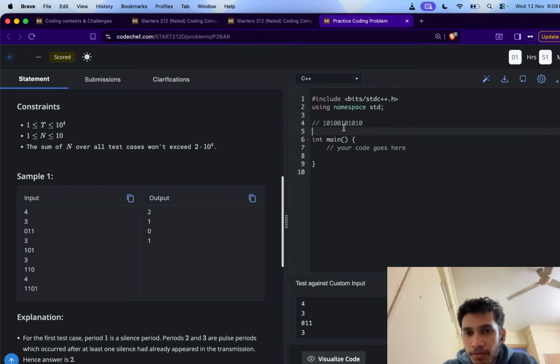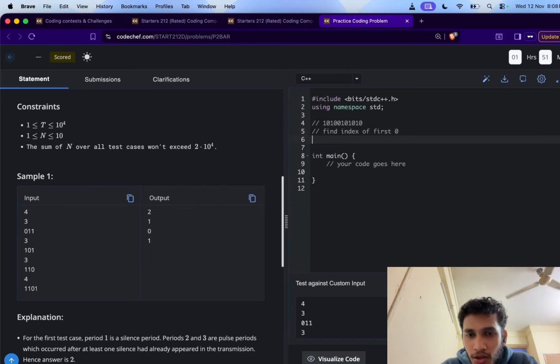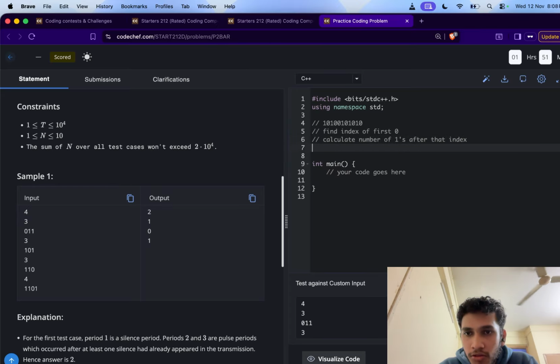So what would be the approach? Find the index of the first 0, then calculate the number of ones after that index.